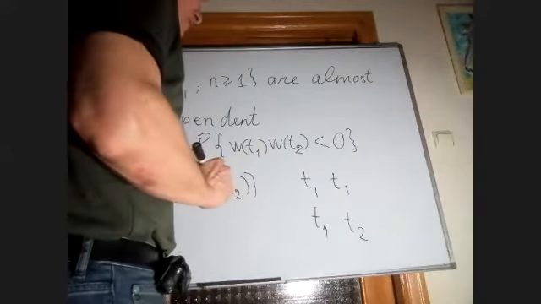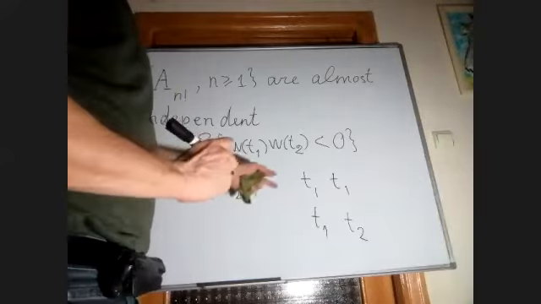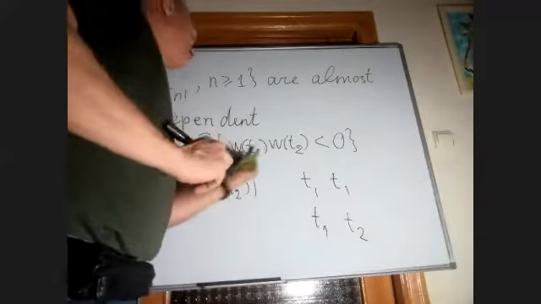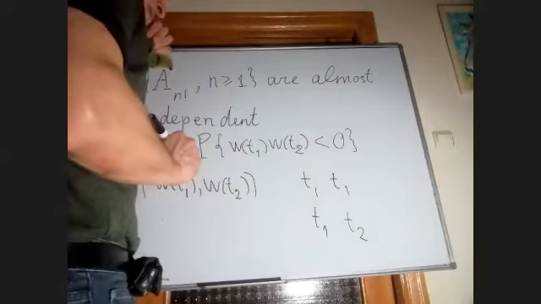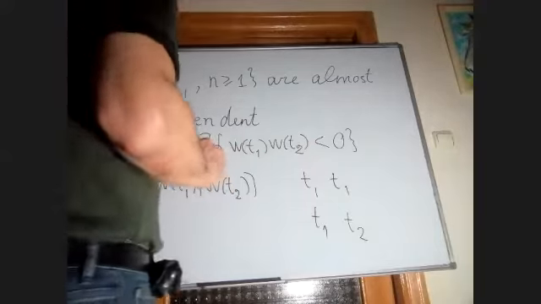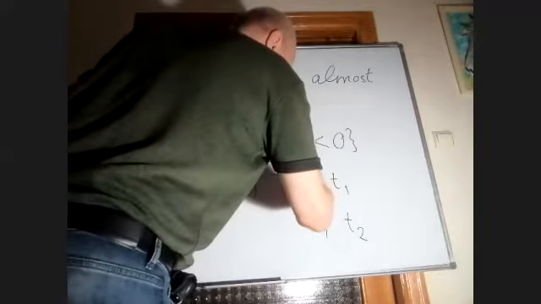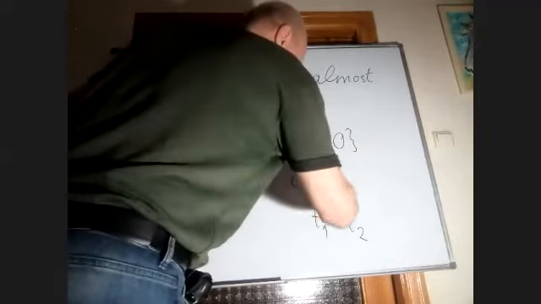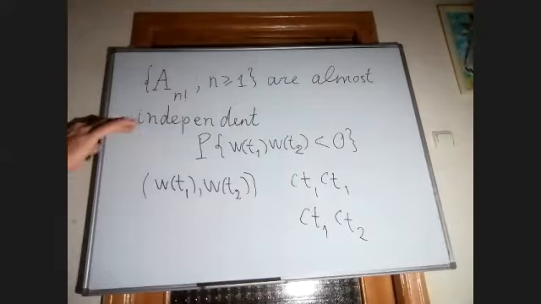So let's think, in which way can we move this pair T1, T2? Maybe if we multiply this by some positive number C, then nothing is changed.